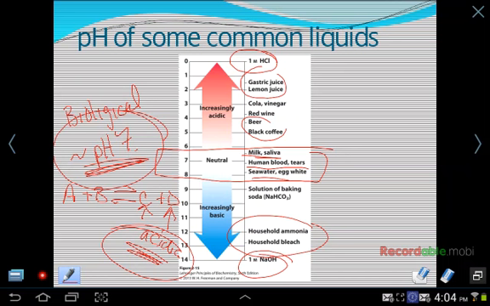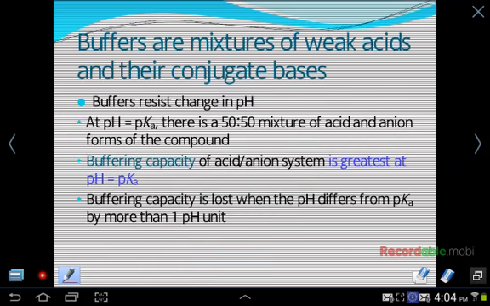They do so by utilizing buffers. So let's talk about buffers. Buffers are mixtures of weak acids and their conjugate bases. So some basics: buffers resist change in the pH. At a pH that is equal to the pKa, there's a 50-50 mixture of acid and anion forms in the compound.